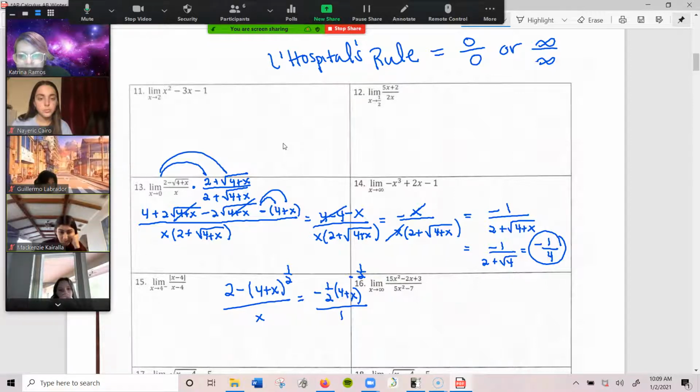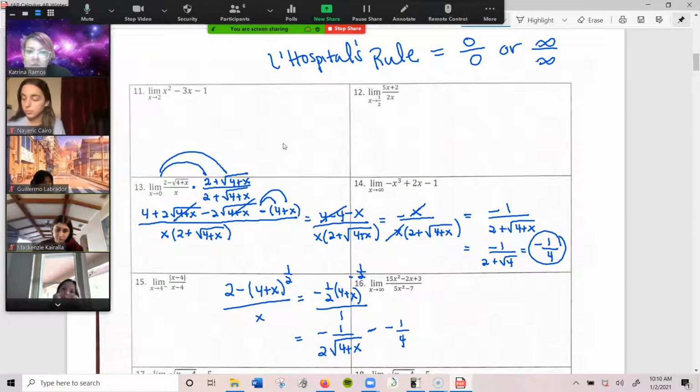If you clean this up a little bit, we end up with negative 1 over 2 times the square root of 4 plus x. Is this so far okay? Then you can plug in the 0 and you end up with the same answer of negative 1 over 4. So yes, L'Hopital's rule would apply to this kind of question.